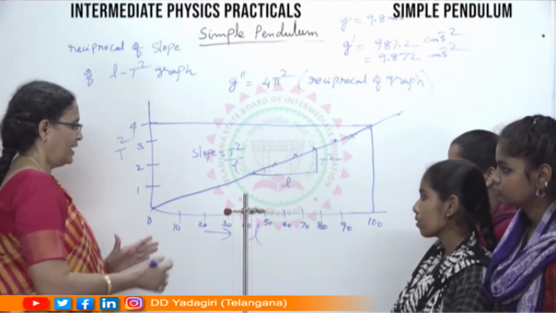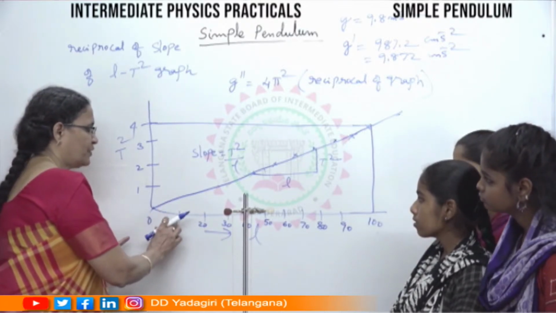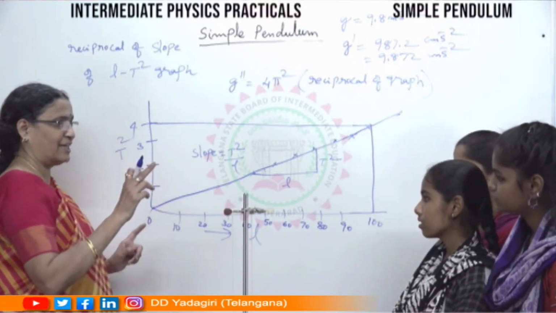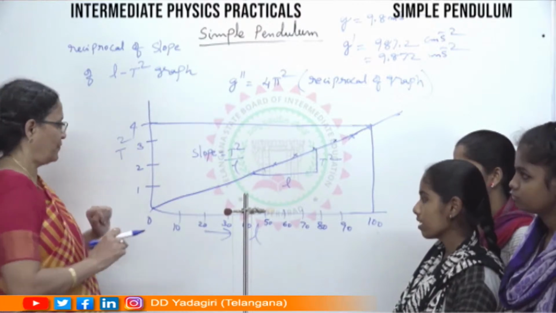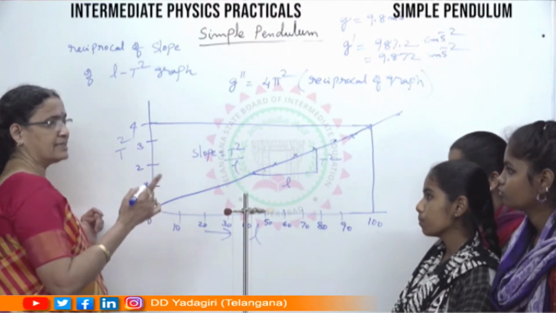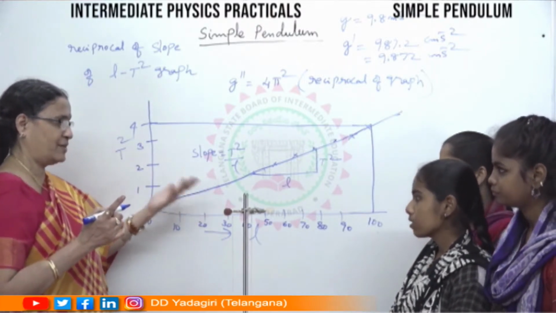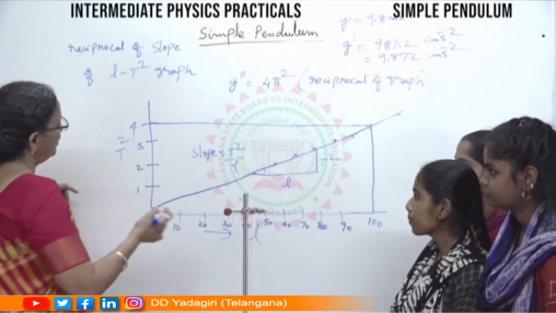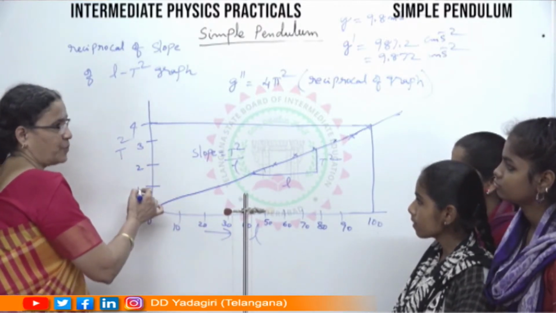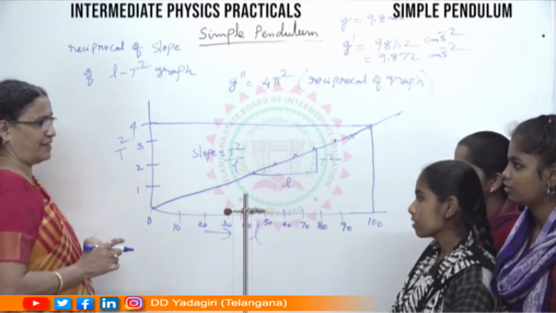If I take 10 here, from 0 to 10, each line is 1. It will be easy for you to draw the graph. And here, from 0 to 1, there are 10 lines. Each line is 0.1 second square. In some books it is given as 0.5 here, 1 there, it will be two lines. You should take one.